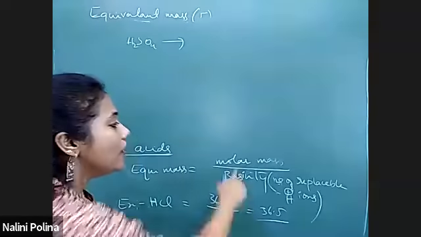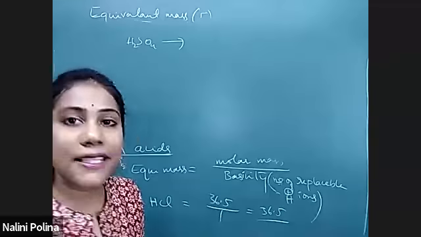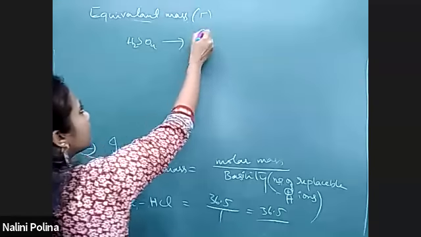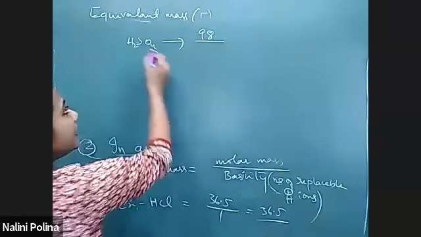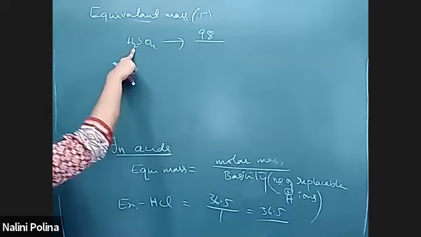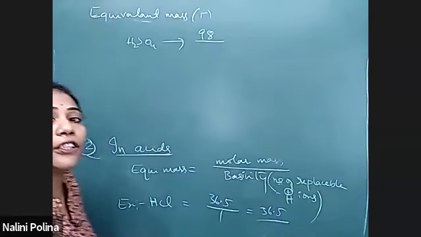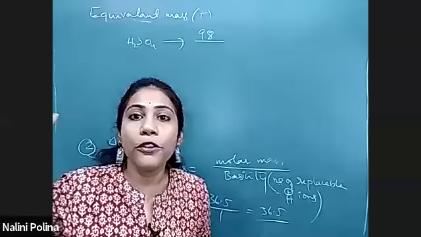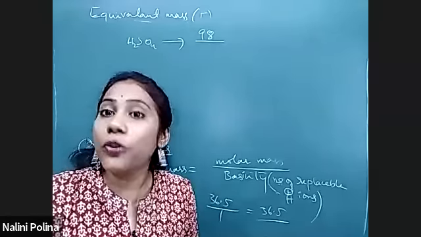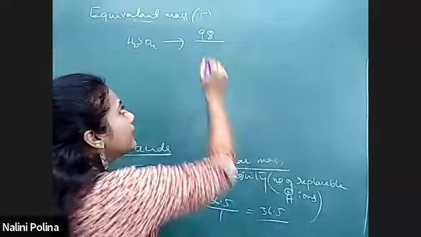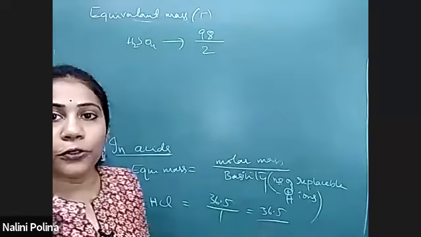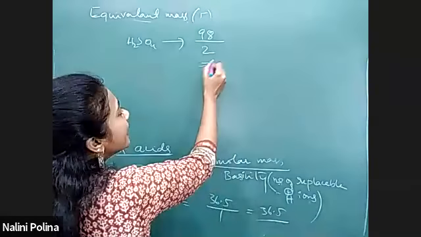Same formula, molar mass divided by basicity. Molar mass of H2SO4 is 98. How many H plus ions can this acid give during a reaction? Two H plus ions, since there are 2 hydrogens. So in the denominator I will substitute 2, right? So you would be getting around 49.